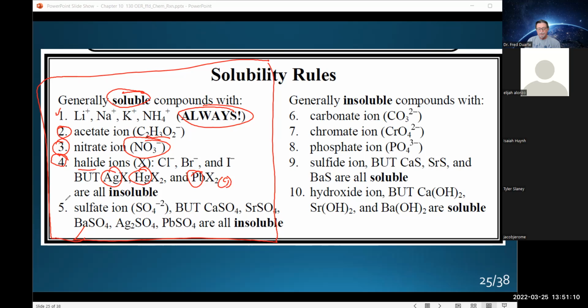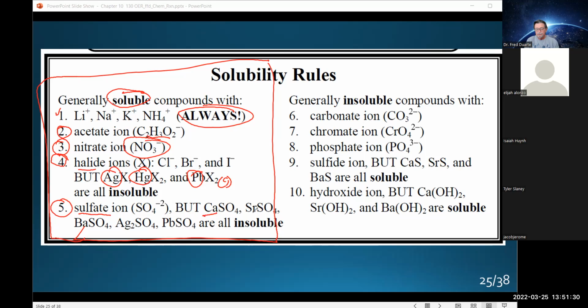Number 5, very similar to number 4. We're talking about the sulfate ion. The sulfate ion, any metal that the sulfate is attached to is soluble in an aqueous solution, with the exception of these 5.